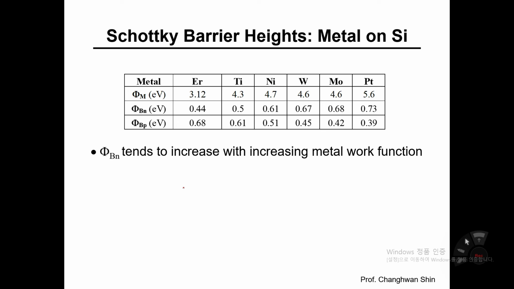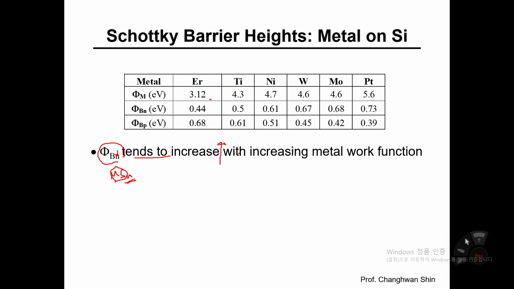Depending on the type of metal, the metal work function is definitely different. And depending on your choice of metal, the Schottky barrier height would be very different. They have observed that for an n-type semiconductor MS contact, the Schottky barrier height tends to increase with increasing metal work function.